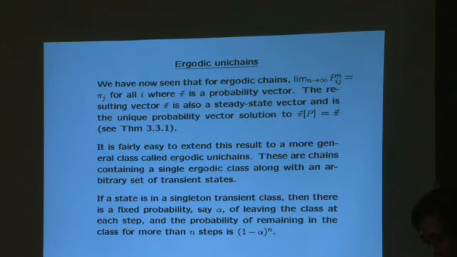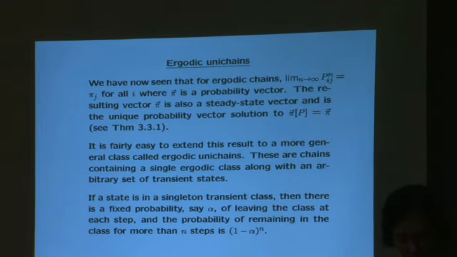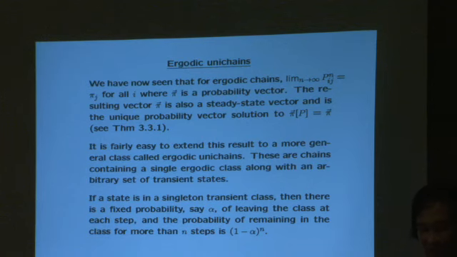Okay, so why are we interested in this pi sub j? In this recurrent class, as n goes to infinity, we see this sequence of states going back and forth, and we know that as n goes to infinity, we have some probability pi sub j of landing in state j, pi sub i of landing in state i, and so forth. So it says that as n goes to infinity, this is the fraction of time that the state is going to be visited, because in each step you have to make a transition.